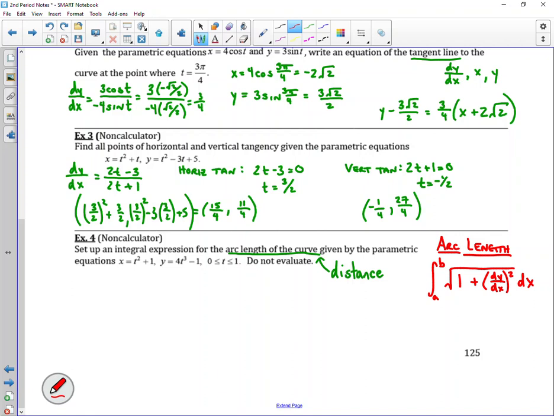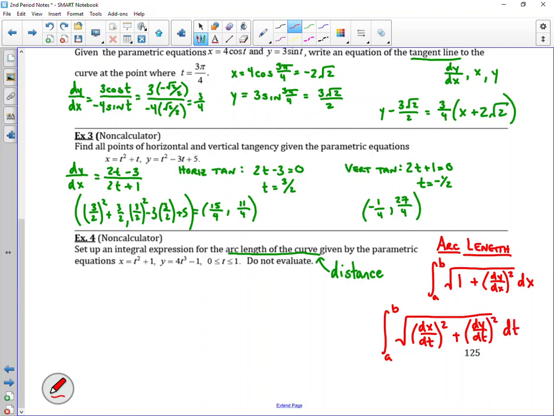This is the same as integral a to b. You know how we moved the dx over when we calculated this one? Well, we don't have to for parametrics. We can just make it integral a to b of square root of dx dt squared plus dy dt squared, and then it's with respect to t.